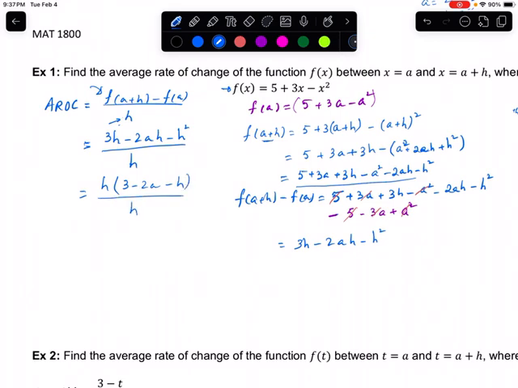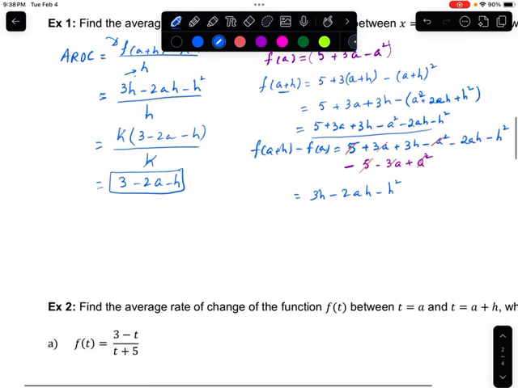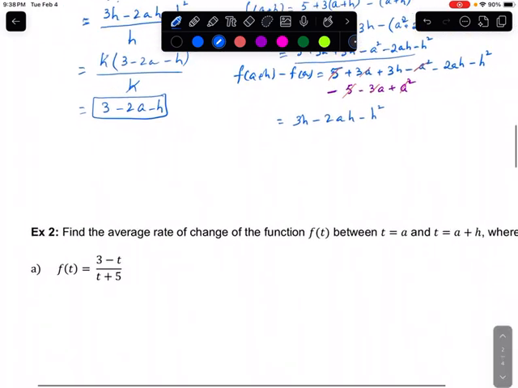This is what we get, and now we can cancel these h's. So the resulting expression is the AROC is equal to this quantity. As I said, you can do it directly over here, writing everything, or you can do it in this way. So let me show you the next one.